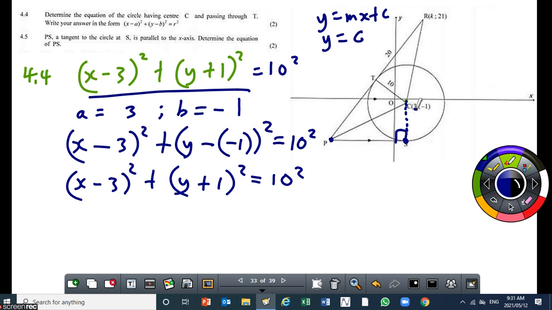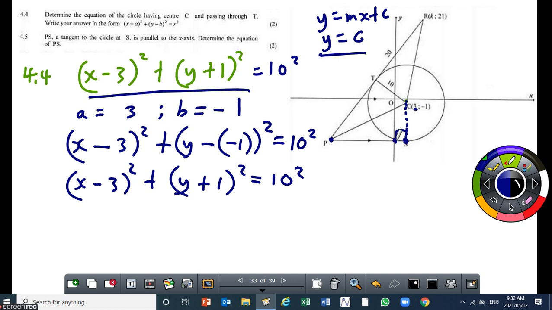So all we have to do is determine the value of y at S by substituting the value of x at S into the equation of the circle. I'm going to repeat that. Because the gradient of the tangent is 0, we need to find the y-intercept, which is the y value at this point.